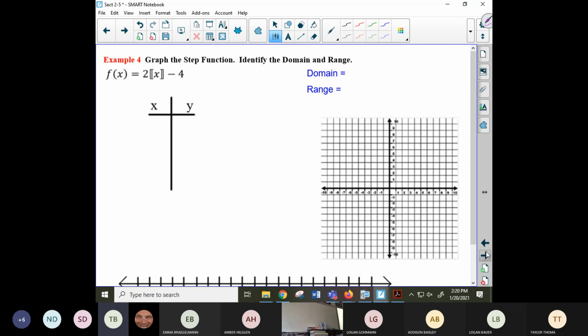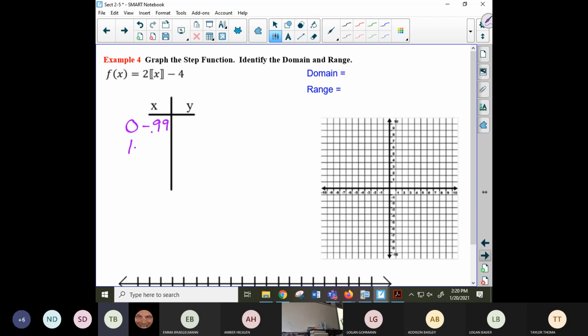We're not going to talk about absolute value yet. We're just going to keep going with this. So what we're going to do is learn how you graph a step function. When you graph a step function, you're going to have stairs, or steps, on your graph. Generally, one of your stairs would be from 0 to 0.99.